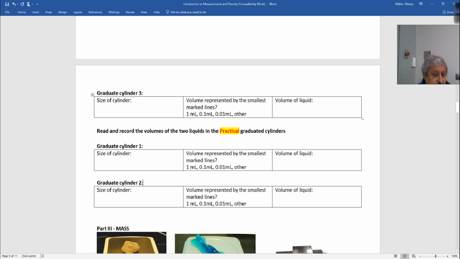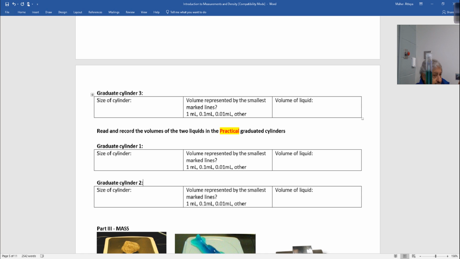So, what are those practical ones? Here, guys, can you see it? This is a dark green solution, but put in two different sizes of graduated cylinder. This is 100 mL, and this is 10 mL. One is a 100 mL graduated cylinder, and one is a 10 mL graduated cylinder.